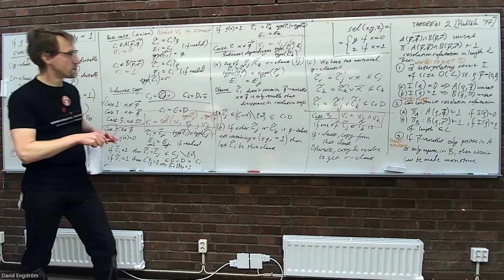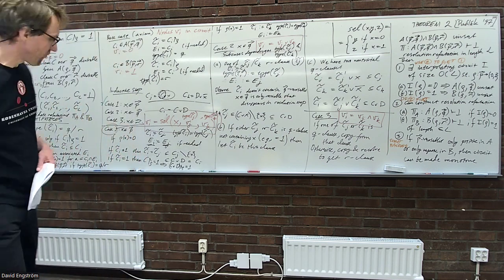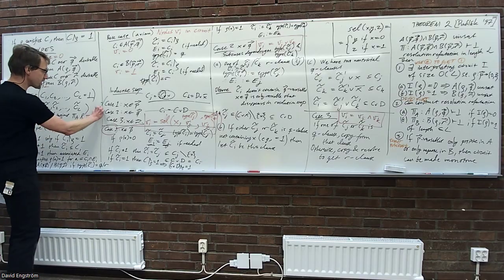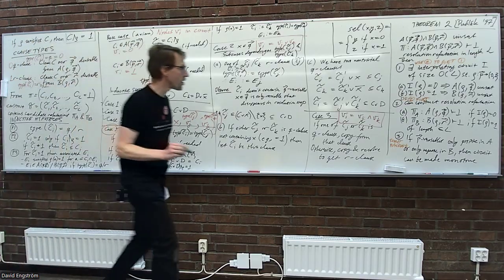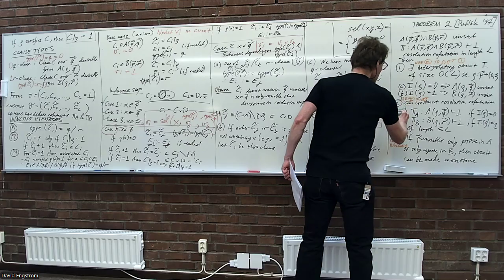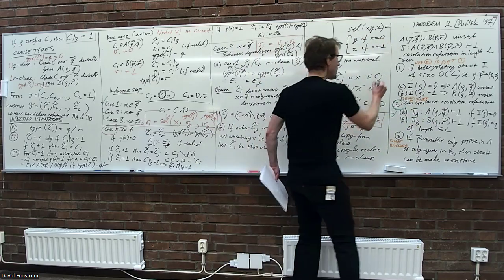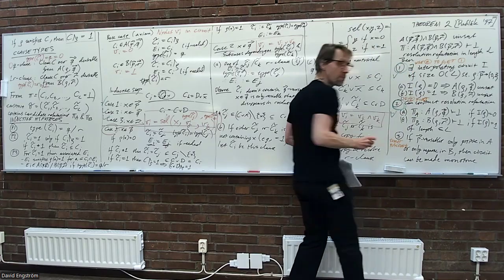Now I built my circuit. So let's see what we have done so far. Okay, I forgot to take those subcases in my inductive step, but now I think that we've built the refutations in 2, and very, very quickly we built the interpolating circuit.